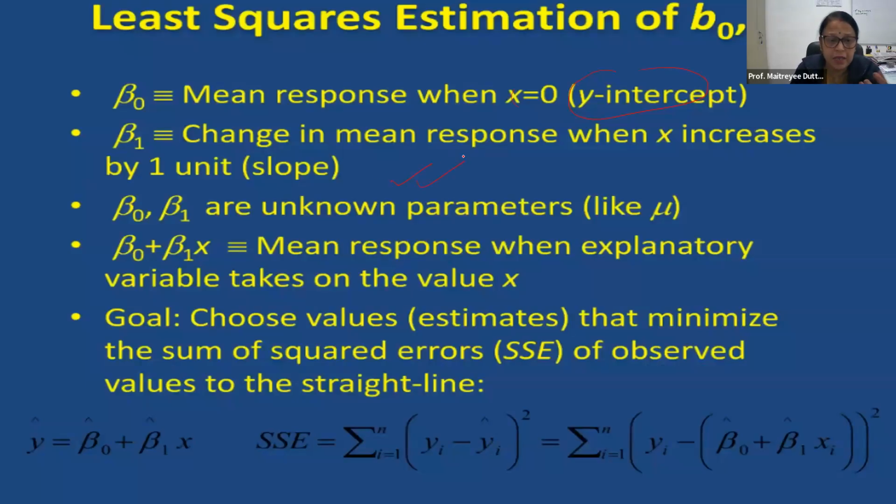Our goal is to find the values of beta naught and beta 1 so that the line matches all the values in the space. That means you have to find the least value of the sum squared error. If your error is very minimum, you can say that my model is perfect.